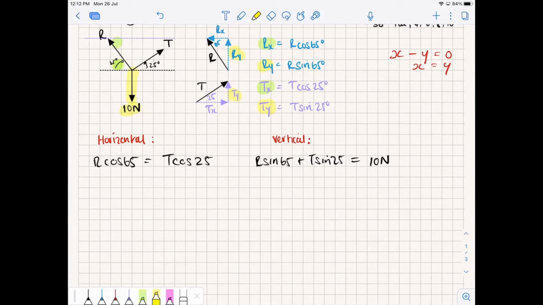The line of action is quite simply what we decide to be north or up and down and left and right. Okay? A force has no component perpendicular to its line of action, right?